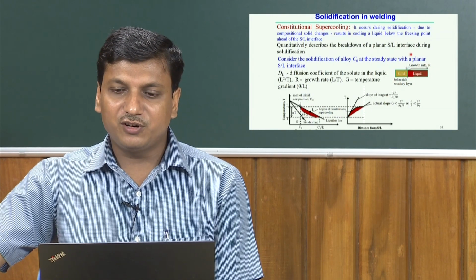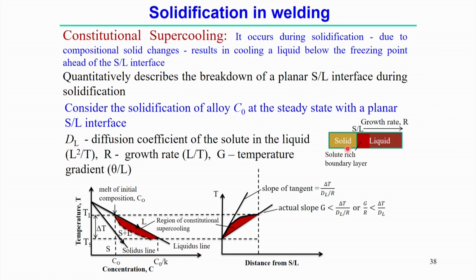First, if we look into this first figure, there is a transition from the solid to the liquid phase. Here the growth rate is R, that means it is linked to the way the solid-liquid interface is moving. The zone between the solid and liquid is called the mushy zone.